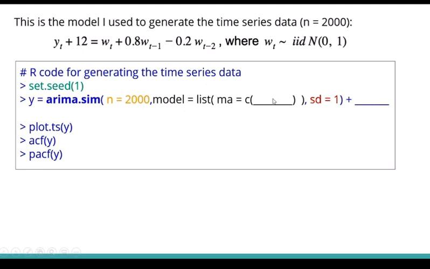Some values are missing here, and of course you know how to fill it up. What you put here is the parameters of the moving average model of order 2. So 0.8 is going to be here, then minus 0.2 is going to be here, and right here is going to be the mean, which is 12. And when you have that in place, you have your data set generated.